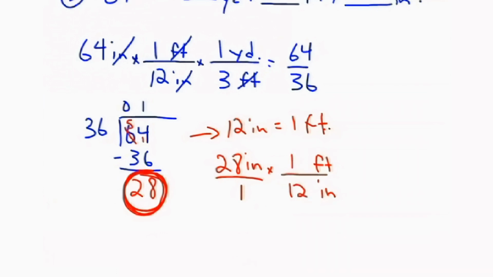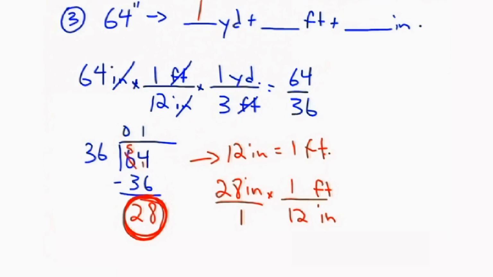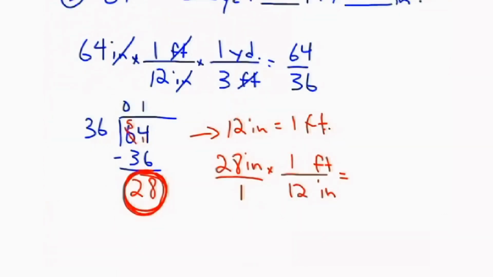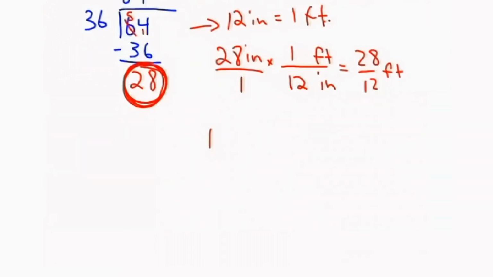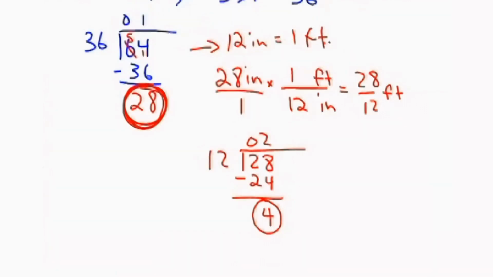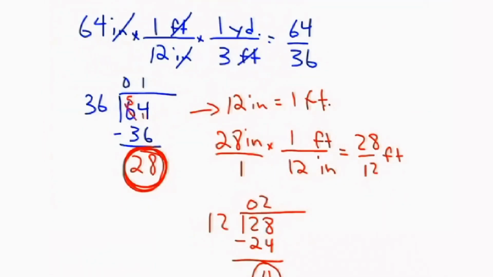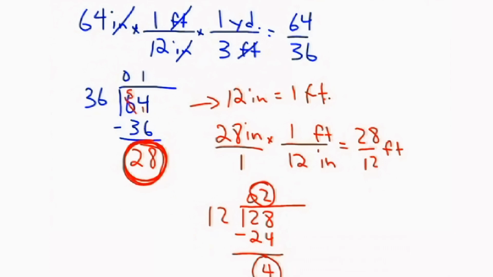And so I can do my division again, and I get 28 divided by 12 feet. And so that's going to give me, once I do my long division again, and you probably don't find this necessary, but I'll show you anyways, 12 into 28 goes twice, and 2 times 12 is 24, and then we subtract, and we have a remainder of 4. So we're going to land up with 4 inches left over, and here is our 2 whole feet.